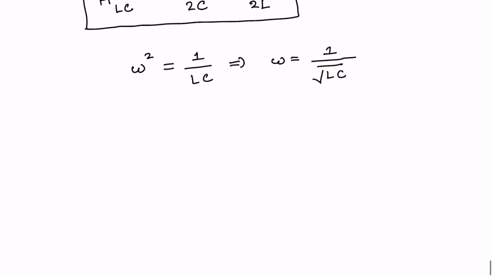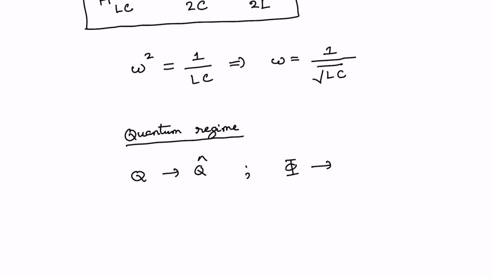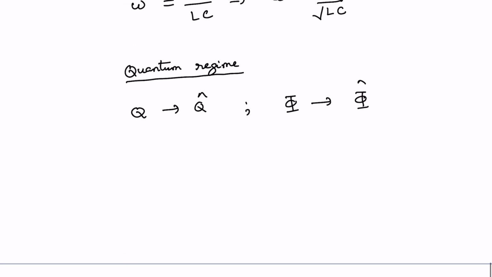Then if I go to the quantum regime, these canonical conjugate variables can be replaced by their corresponding operators. So I am going to replace Q by Q cap and the magnetic flux phi by the magnetic flux operator phi cap, and then I am going to impose this commutation relation, phi cap, Q cap is equal to i h bar.